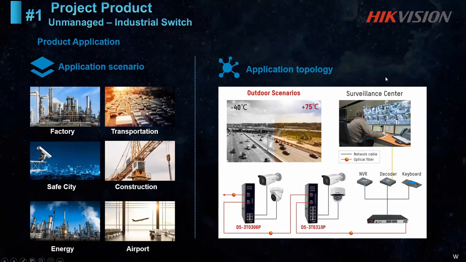And as you can see, you can connect all these IP cameras at the outside environments, and just connect those cameras to core switches at a reliable location and have a proper surveillance center by using these industrial switches.